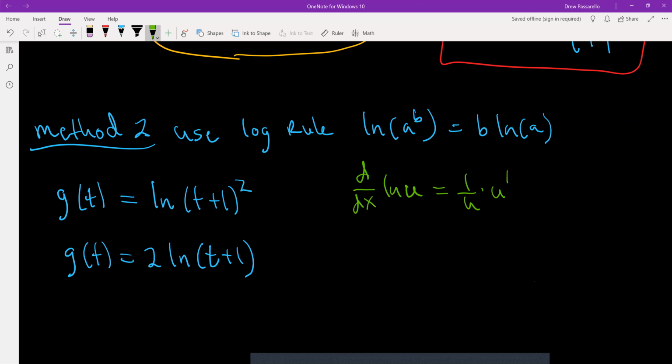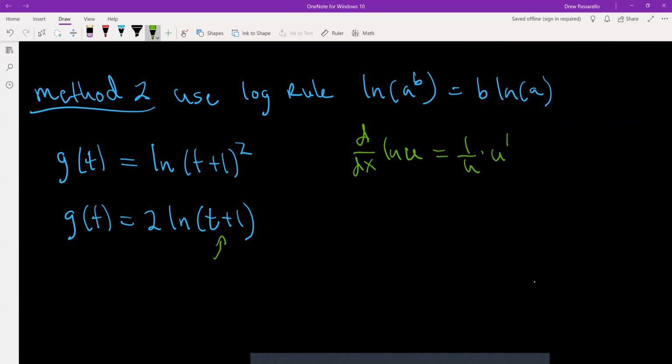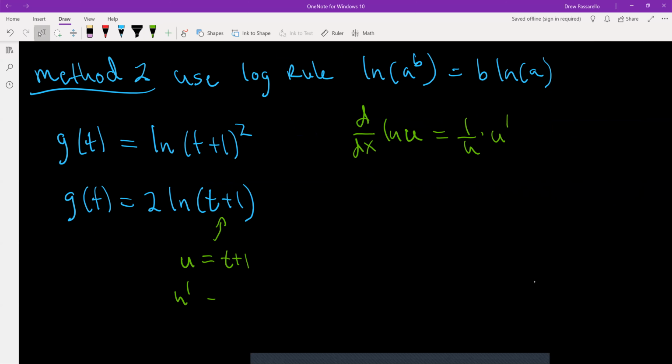In this case, our u is the t plus 1. So the derivative of u, so u prime, is 1. So g prime of t, you factor the 2 out and then focus on taking the derivative of the natural log of t plus 1. Well, that's going to be 1 over t plus 1 times 1.